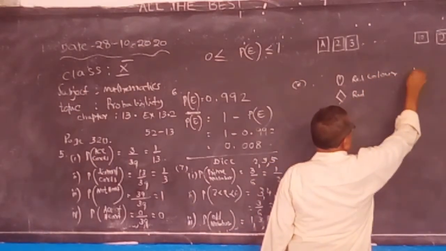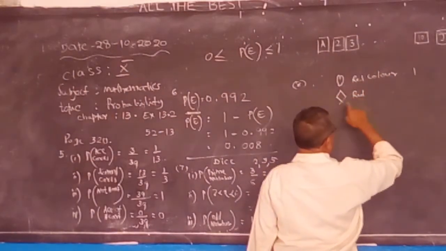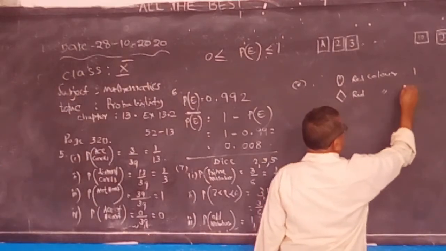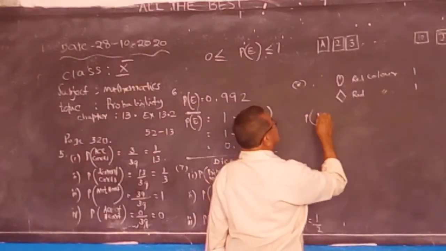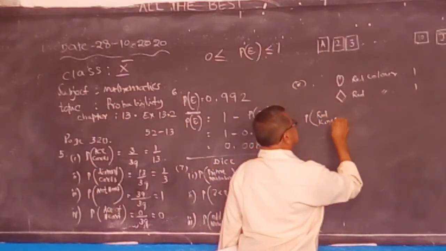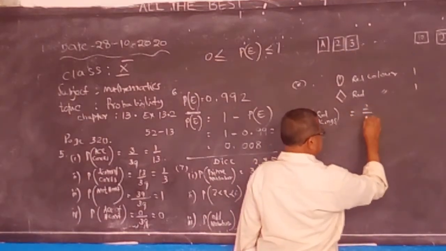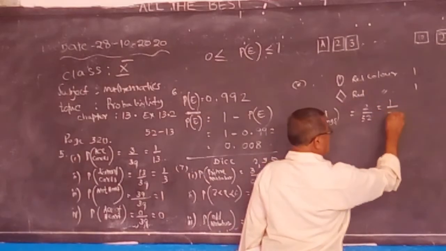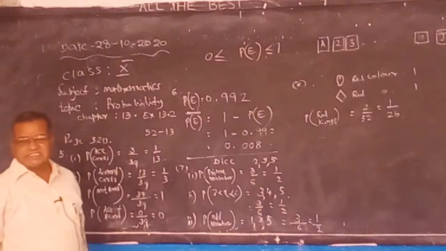So one king from heart we get, and one king from diamond. How many red kings are there? 2. 2 by 52. That is 1 by 26. See, very easy.